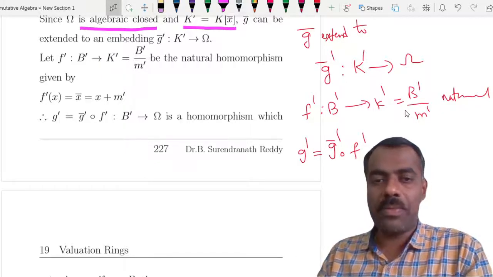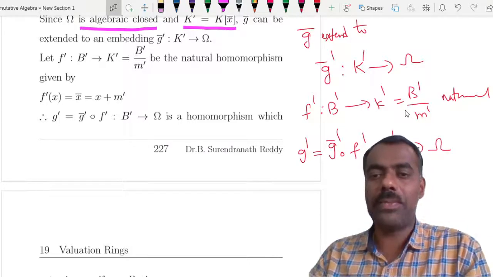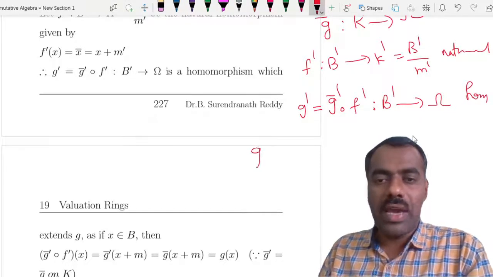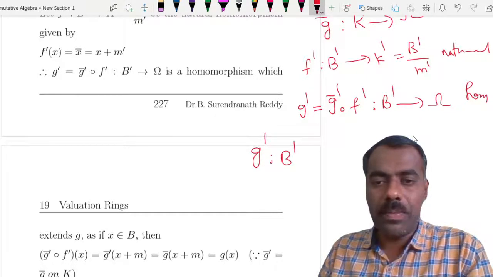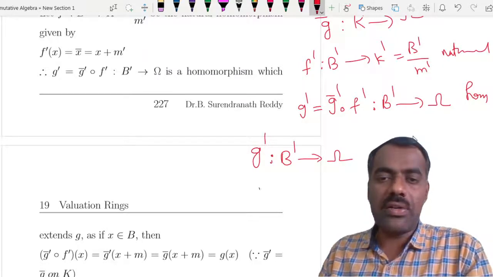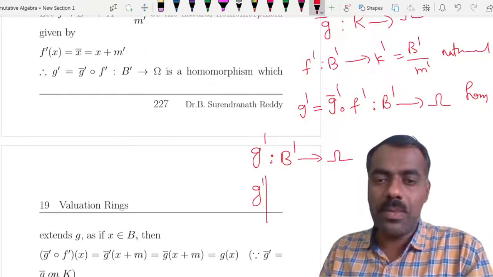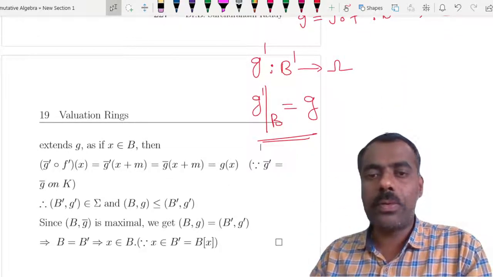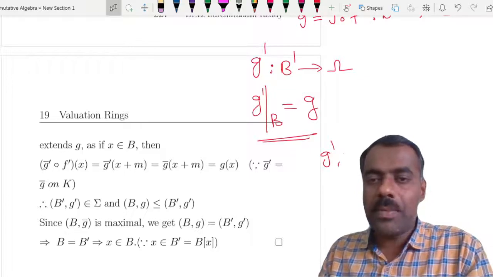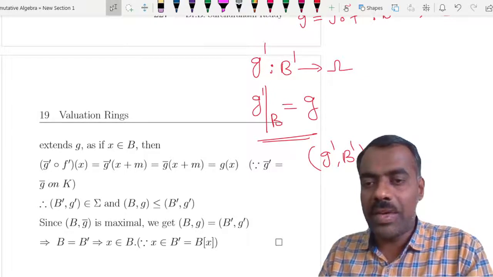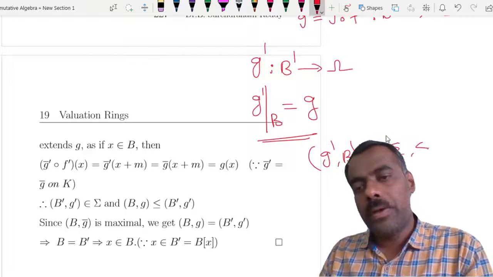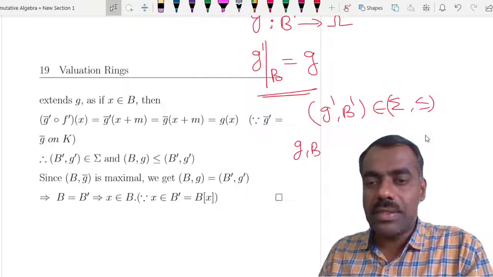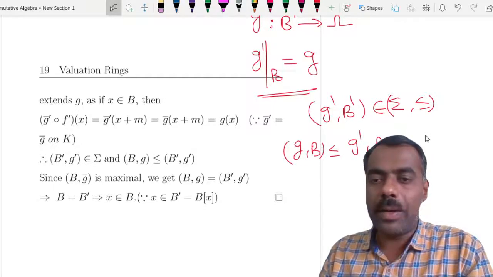This is a map from B prime to omega, and you can check that it is a homomorphism. And not only that, when you restrict g prime to B, you get g. So we can see that (g prime, B prime) is an element of sigma, and (g, B) is less than or equal to (g prime, B prime).